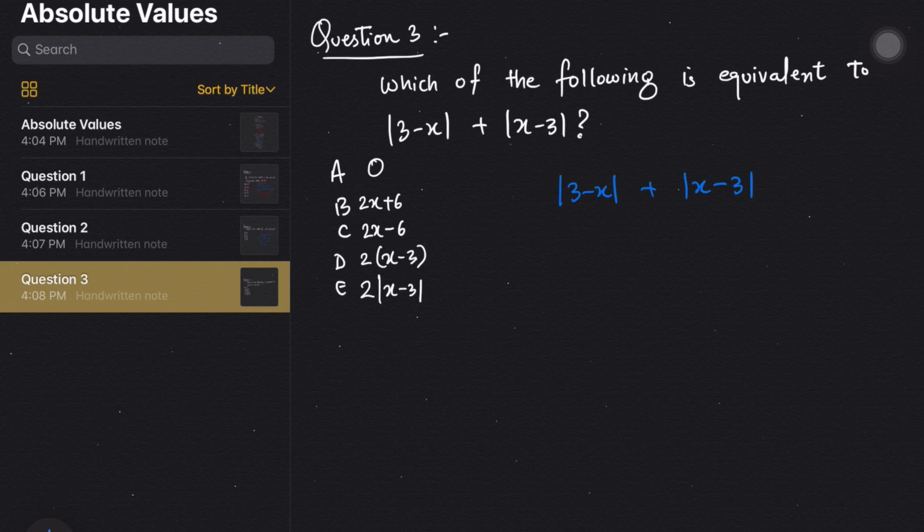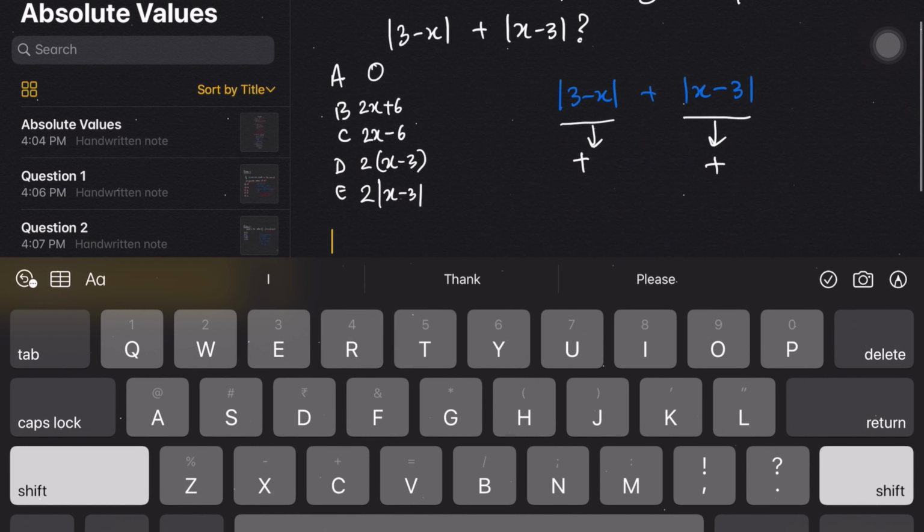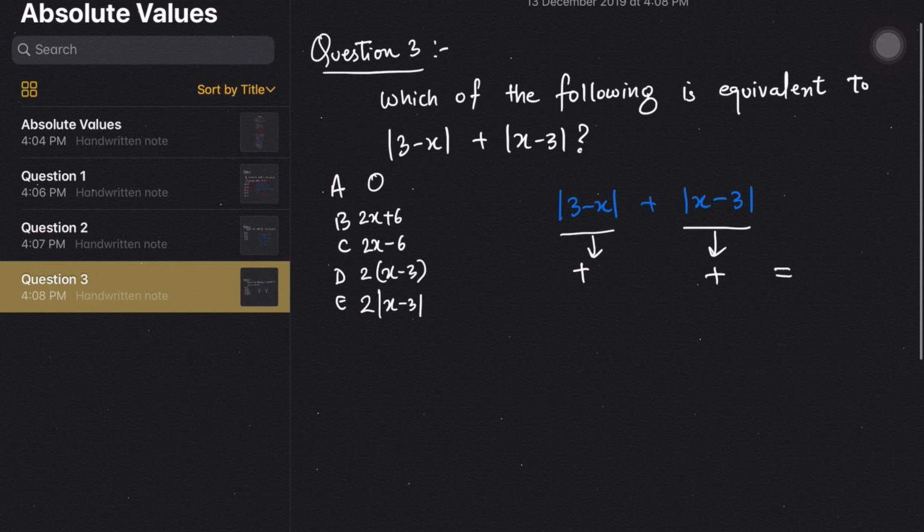By looking at the whole expression here, we know for sure that this whole thing has to be positive because it's the absolute value, and the other thing also has to be positive, again because it's the absolute value. Positive plus positive can never be negative, so the result has to be a positive thing as well. So we can eliminate all the answer choices that get you a possible negative answer. That way you can eliminate B, C or D.